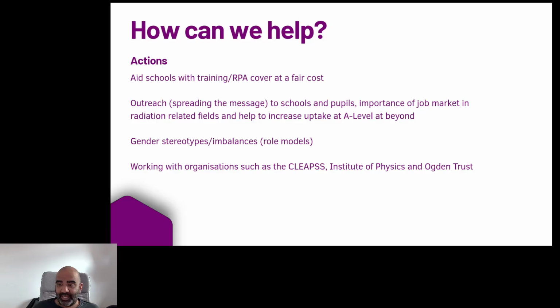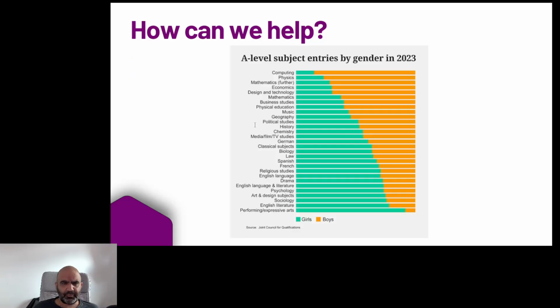It means working with organisations such as CLEAPSS, who are champions for safe practical work in schools. The Institute of Physics and the Ogden Trust also do a lot of work trying to get more specialists and non-specialists involved with physics and practical work.